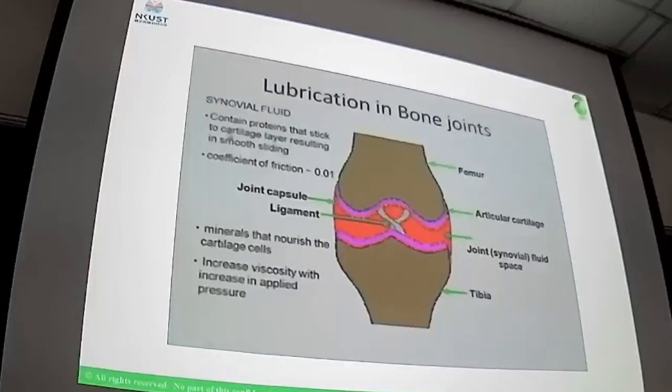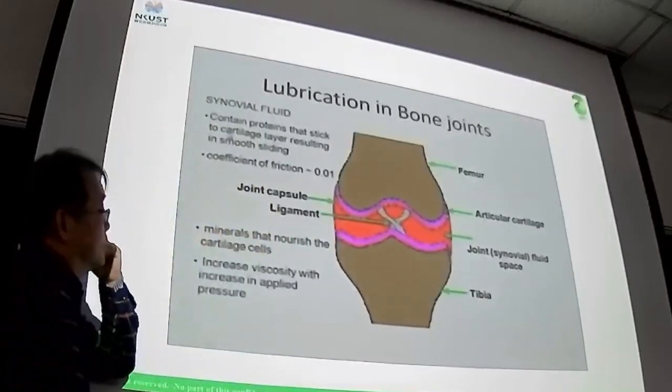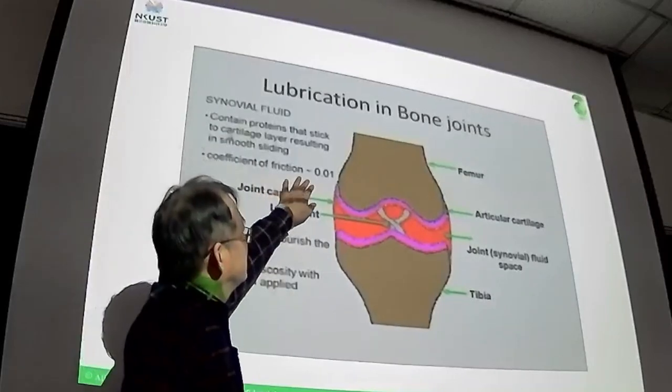So the coefficient of friction between these two bones is about 0.01.